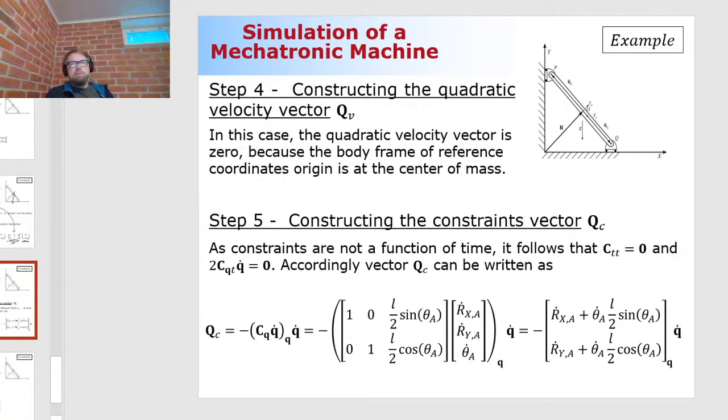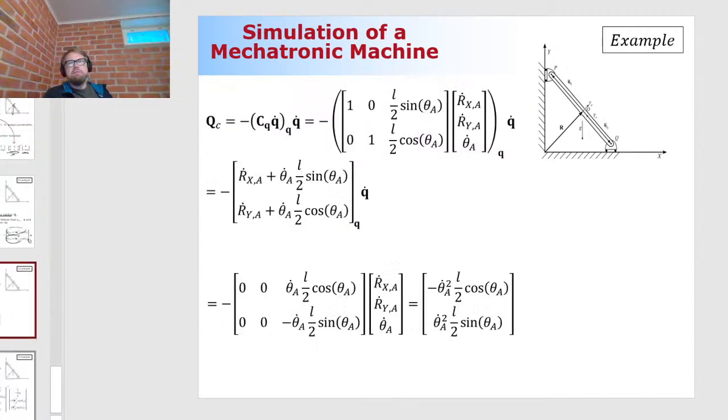All of the components will be equal to 0 except this monster guy that we met already when we looked at the kinematics. So I have here the Jacobian matrix multiplied by velocity. That's going to give me a vector of 2 components that will then be differentiated with respect to generalized coordinates, and that solution is finally multiplied by the velocity of generalized coordinates. So it's going to give me this vector.